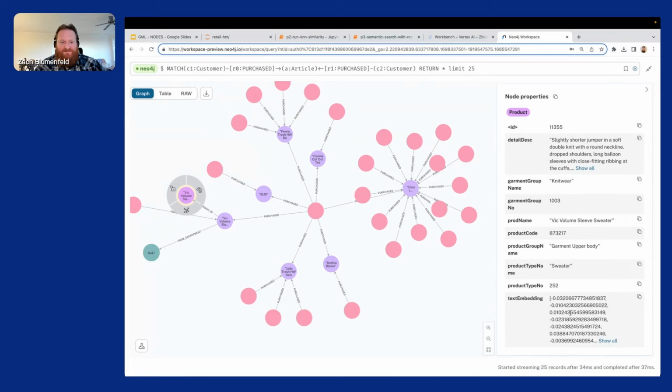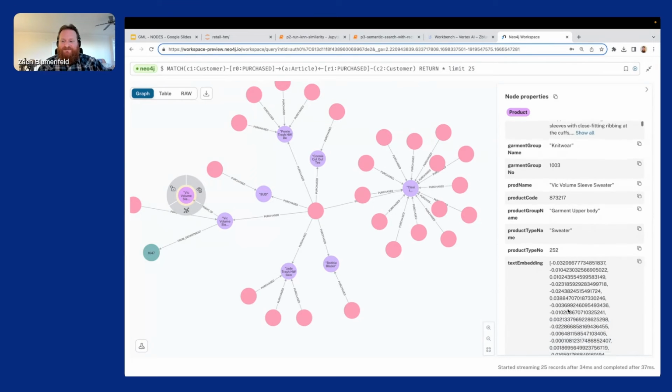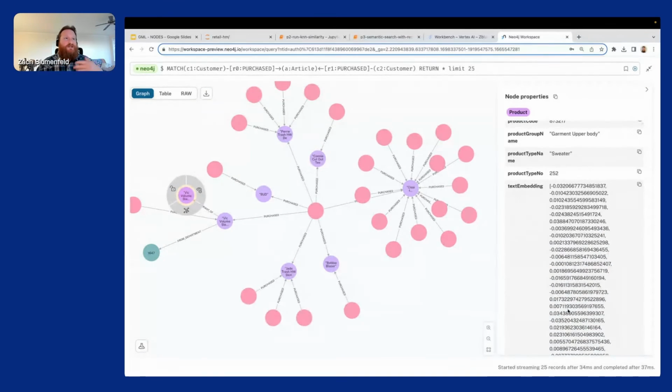And what I've gone ahead and done is, for these, there's a text embedding for the products. And this text embedding is created by a transformer model. It's the same sort of model that backs things like ChatGPT, large language models. When I ingested it, I actually used OpenAI to generate these embeddings.